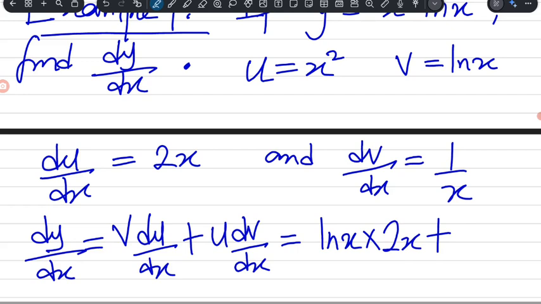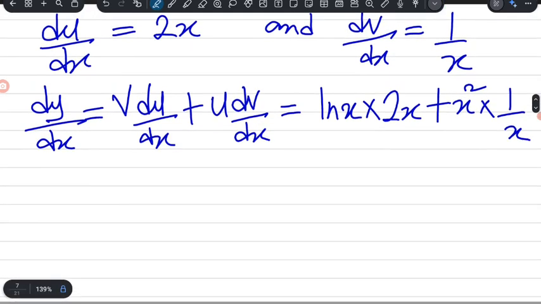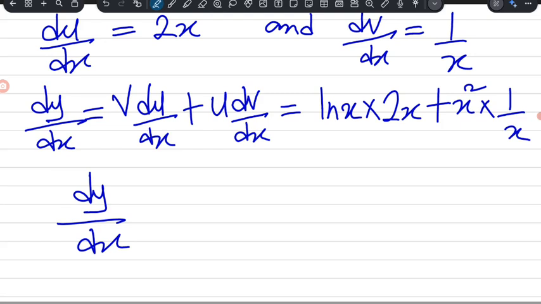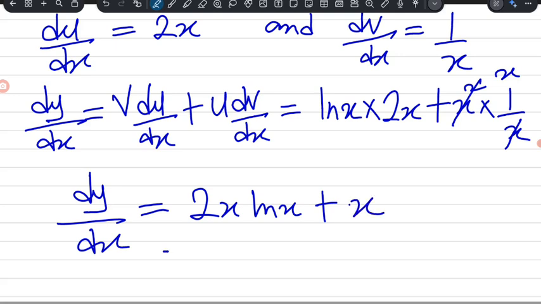Our u is x² to multiply the derivative of v, which is 1 over x, whereby dy/dx is equal to 2x ln x plus the x, we cancel, this x we cancel one x, it will remain x to give you this. So this is the final answer for this.